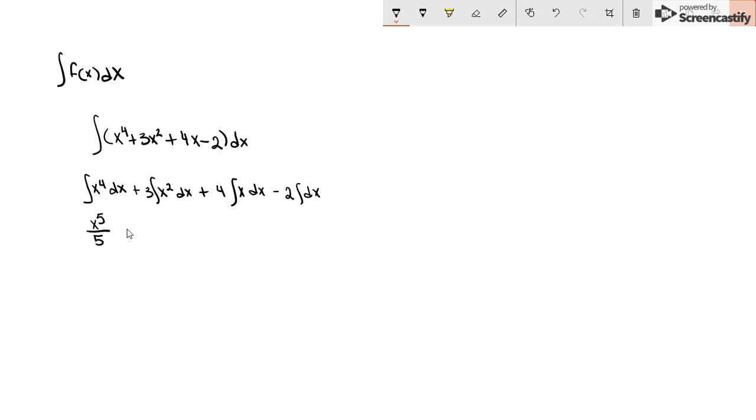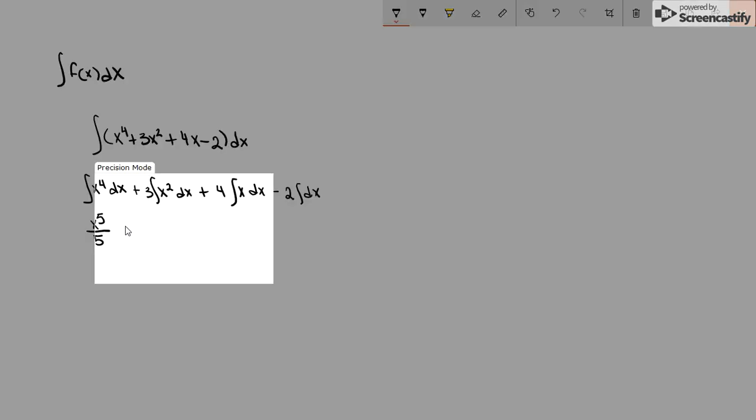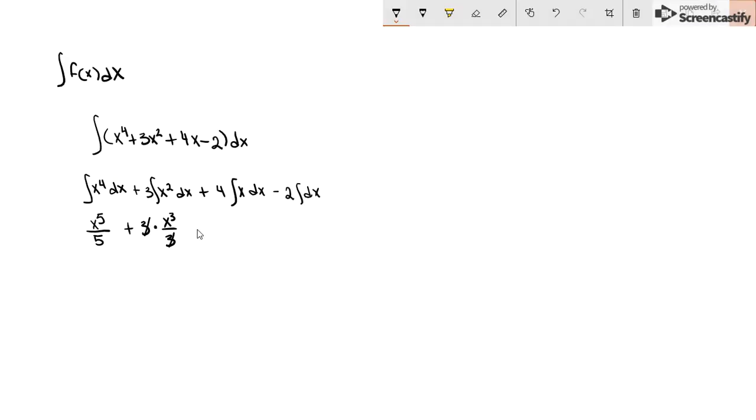Sometimes it will cancel out, which will happen in the next case, but always make sure you write that out. So now to the next one. So again, you have that constant outside times x cubed over 3. And so this is why it's important and why it's always good to write it. These 3's get canceled out, and you're left with x cubed, right?